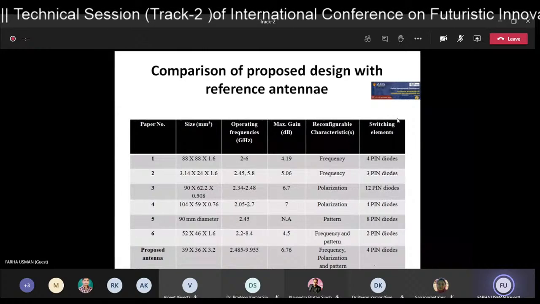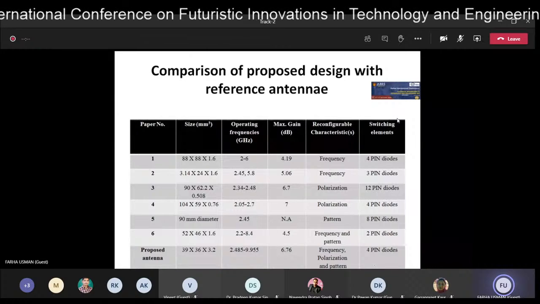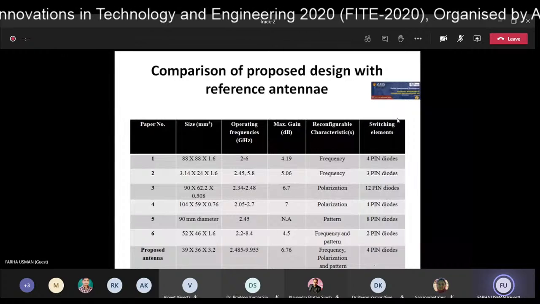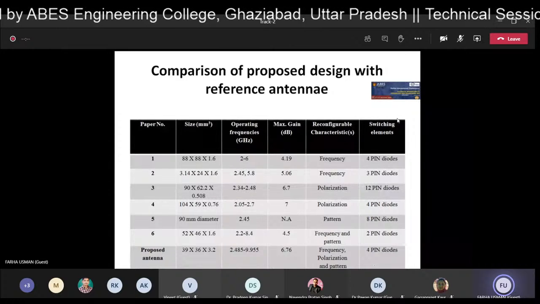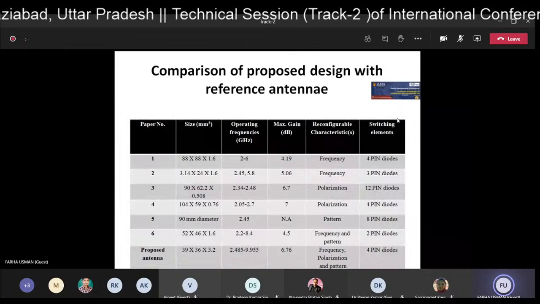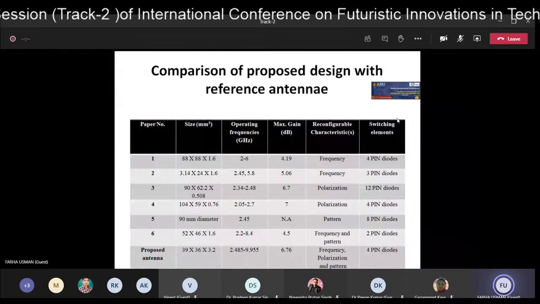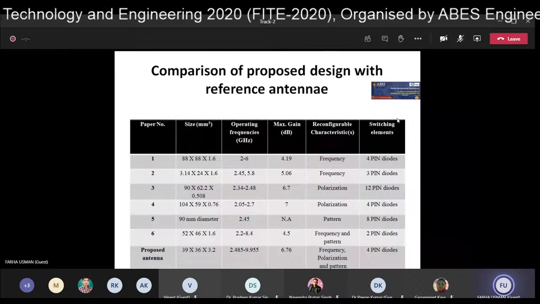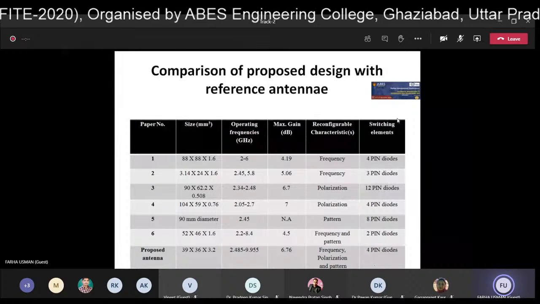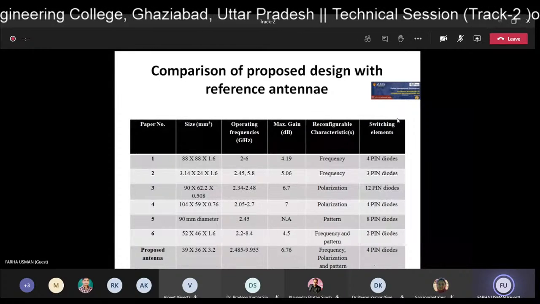The proposed antenna has the dimensions of 39 millimeters by 36 millimeters by 3.2 millimeters, and it operated at frequencies starting from 2.485 gigahertz up to 9.955 gigahertz. The maximum gain which was achieved in this antenna was 6.76 dB.